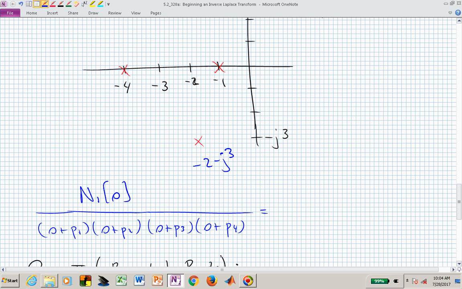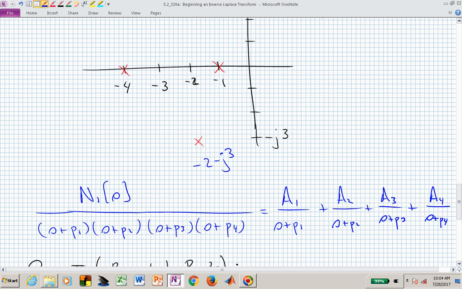we would have unique or distinct roots p1, p2, p3, and p4, and we could then look for these residues or partial fraction expansion coefficients, A1 sitting on top of s plus p1, A2 sitting on top of the s plus p sub 2 factor, A sub 3 and A sub 4 sitting on top of s plus p3 factor and s plus p4 factor, respectively.